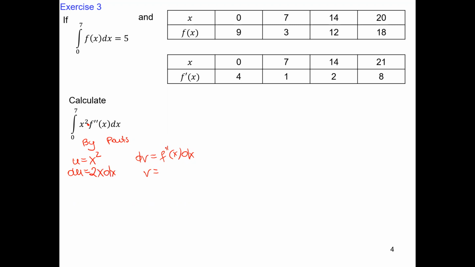Antiderivative of f double prime is f prime. The antiderivative of the second derivative, of course, is the first derivative. No question with this. And our formula, uv minus the integral of v du.